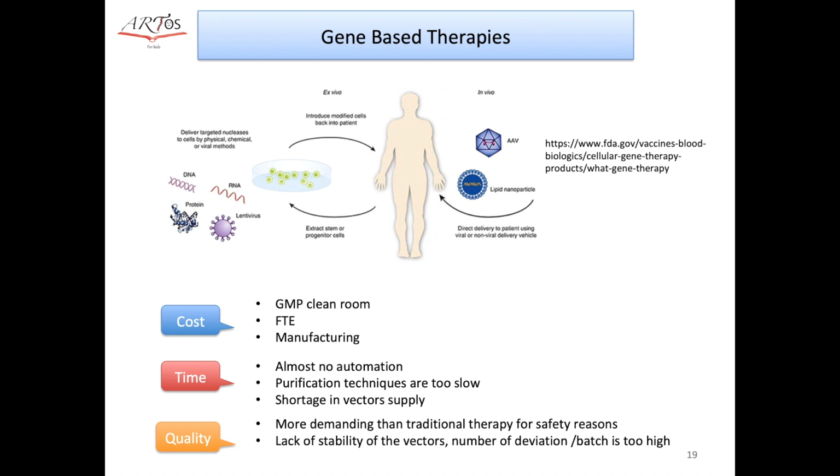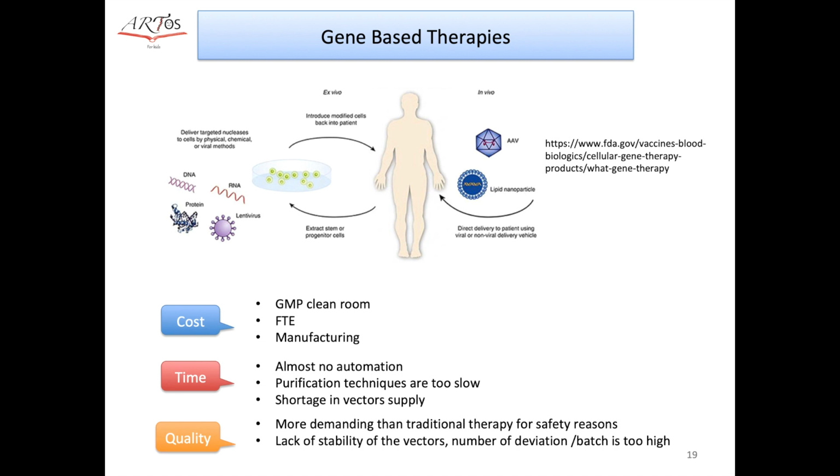The in vivo has the biological product or the gene in a vector directly infused in the patient, while the ex vivo has patient cells collected, then genetically modified, produced in high quantity, and introduced back into the patient.